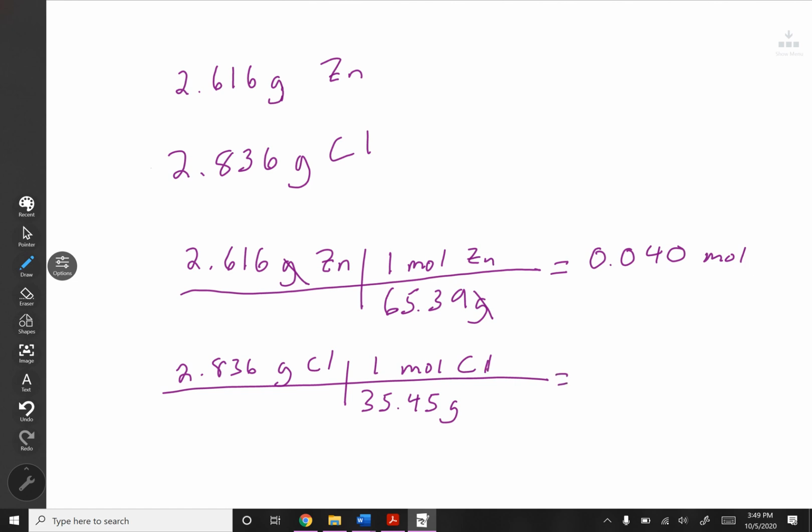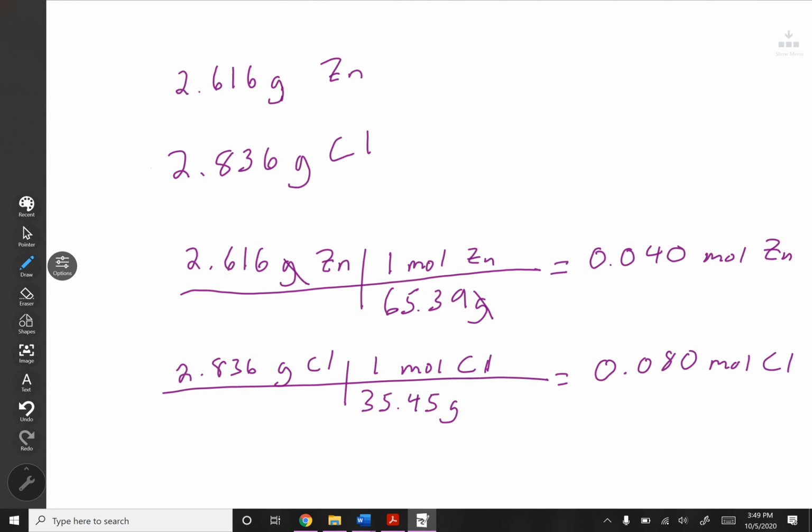Calculating this, I take 2.836 divided by 35.45, and that gives me 0.080 moles. It's helpful to write in your labels completely, so that's zinc and this is chlorine. That way we don't mix them up later.